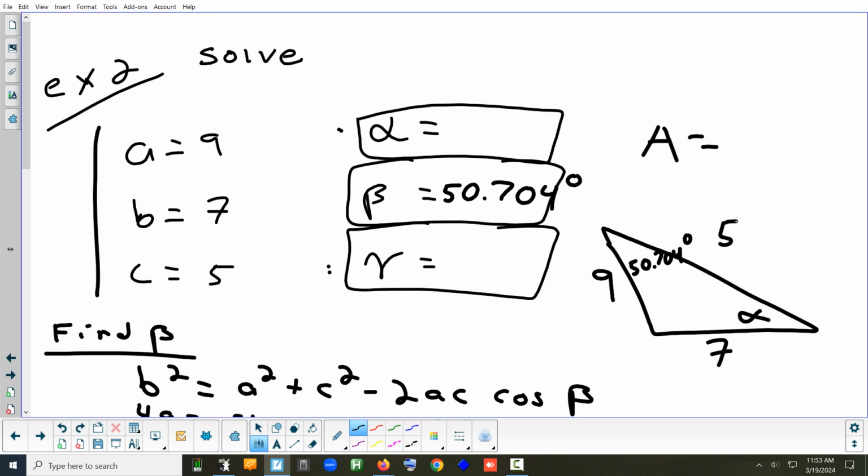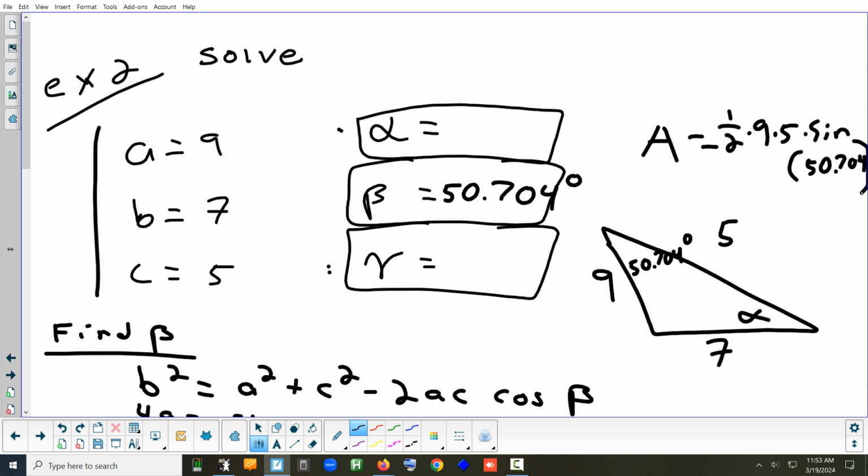Okay, so how would I write the area using these numbers? One half times 9 times 5 times what? The sine of 50.704 degrees. Okay, so that's the formula we learned before.